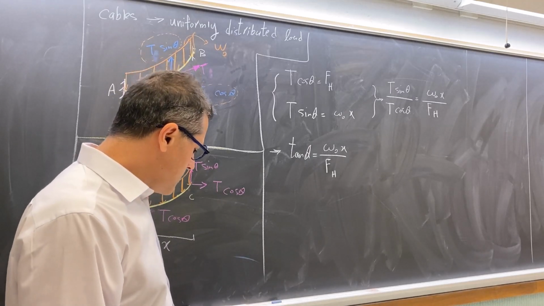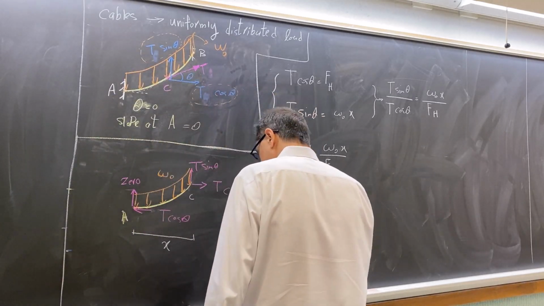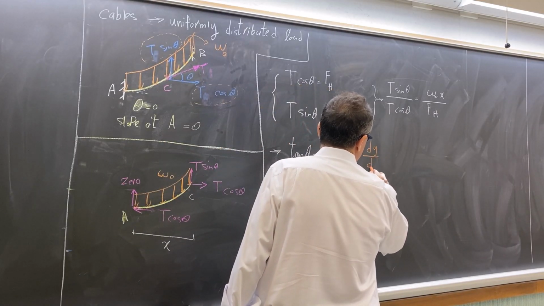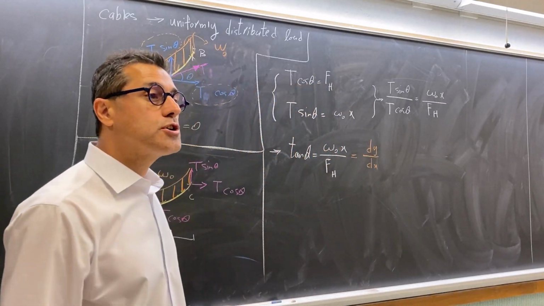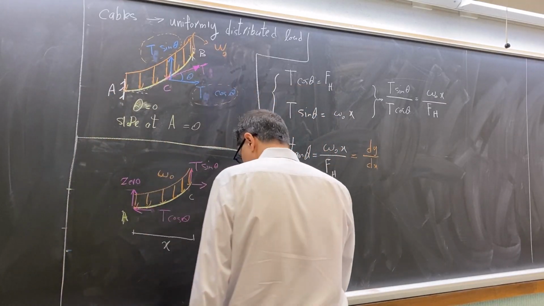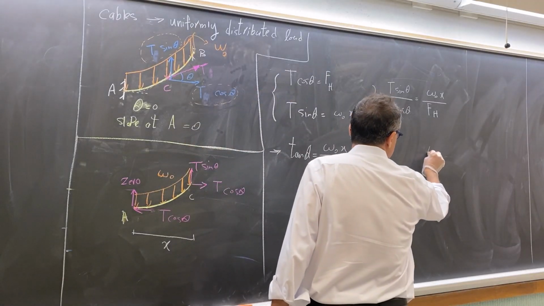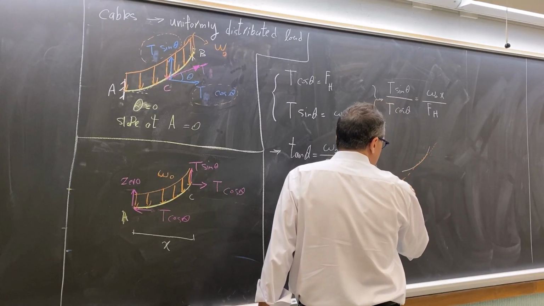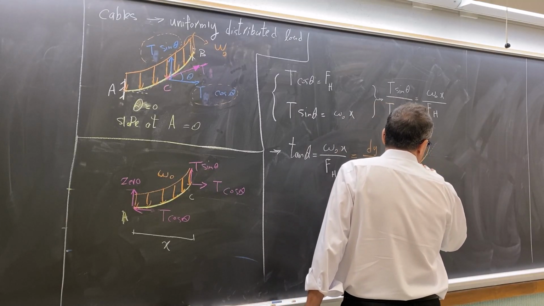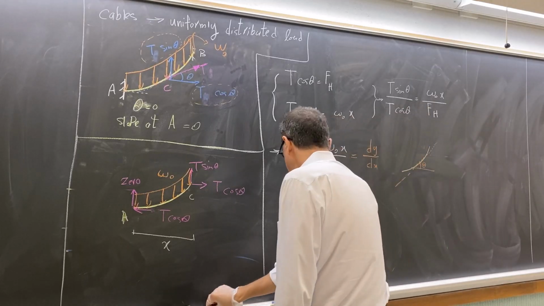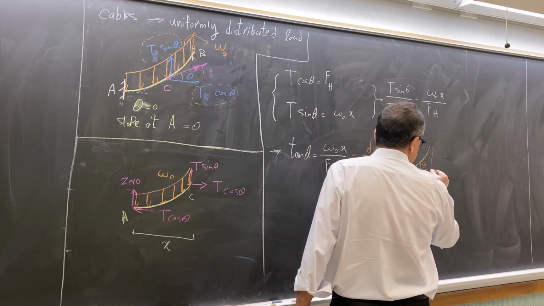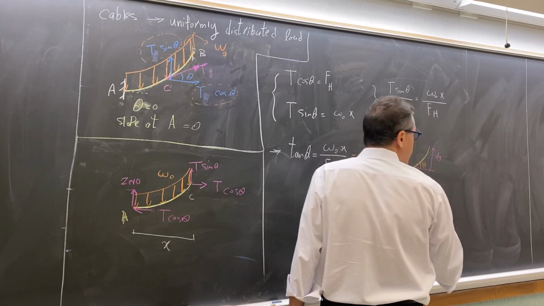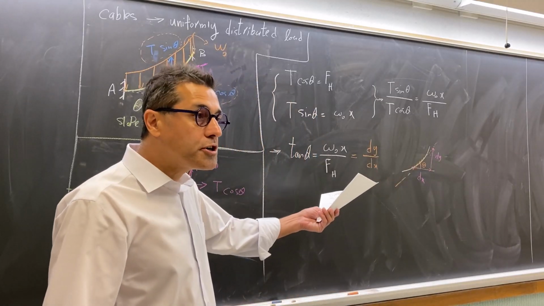And another thing I'm going to add is that tangent theta is differential of y over differential of x when it comes to the arc of your cable. So you agree that if this is a segment of the cable, from the mathematics, if you draw a tangent line, and this is theta, then from the mathematics you know that this is differential y, this is differential x when it comes to the arc or curve.